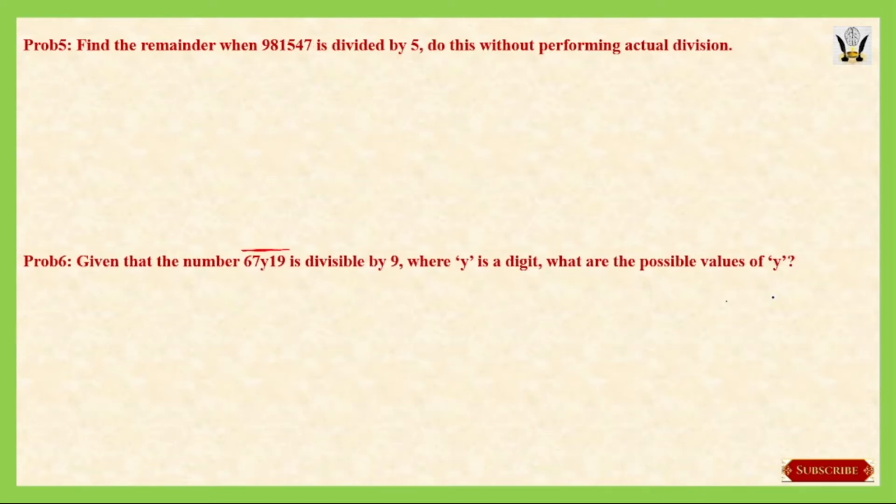Now let's see what is waiting for us next. Next we see here: find the remainder when this given number is divided by 5, without performing actual division. Now the rule of divisibility by 5 is, if the digit at units place is 0 or 5, then that number will be divisible by 5, otherwise not.